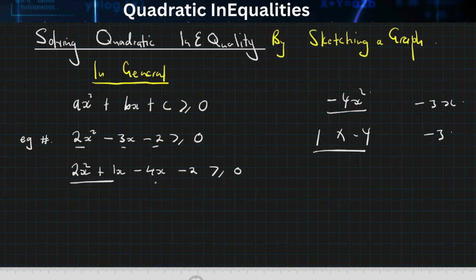Therefore, we do factorization by grouping. The common factor here is x. We're going to be left with 2x plus 1. And the common factor here is negative 2. We're going to be left with negative 2 into negative 4x, which is 2x. Negative 2 into negative 2, that's going to be positive 1, greater than or equal to 0, like that.